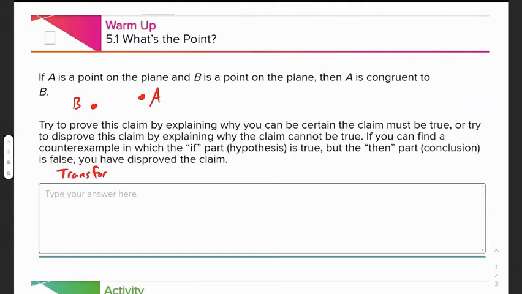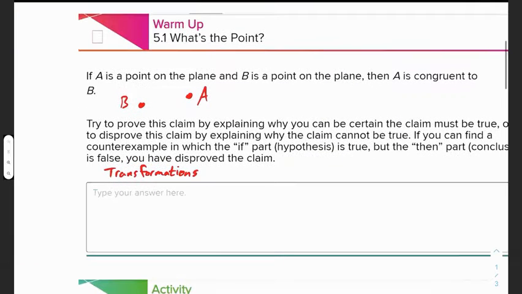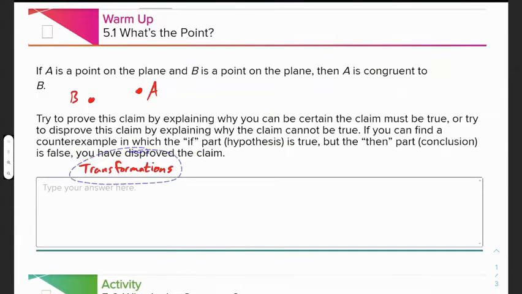In fact, I should be a little more explicit and say rigid transformations. So how can we get point A to map onto point B, or vice versa? We could do a translation.